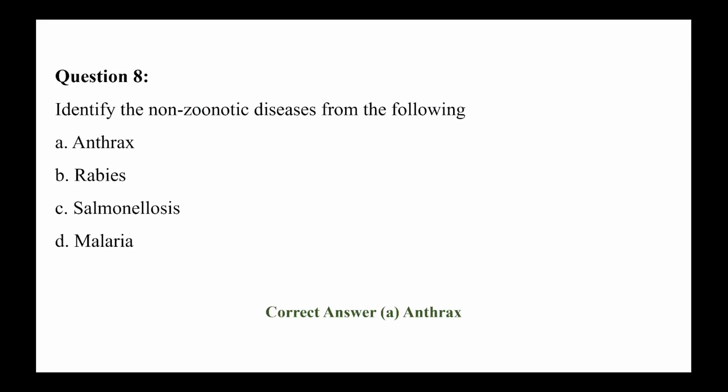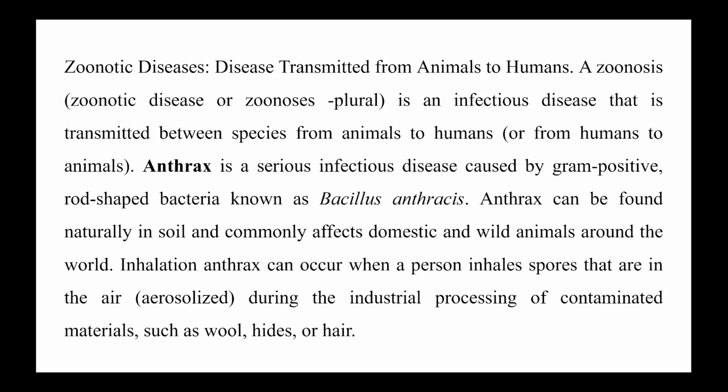So you are right. So zoonotic disease basically means the diseases that are transmitted from animals to humans. So a zoonosis, or zoonotic disease, or zoonoses as plural, is an infectious disease that is transmitted between species, from animals to humans or from humans to animals.